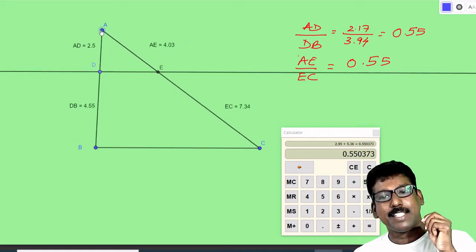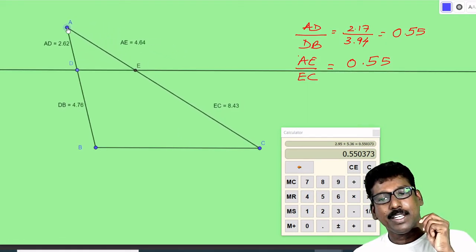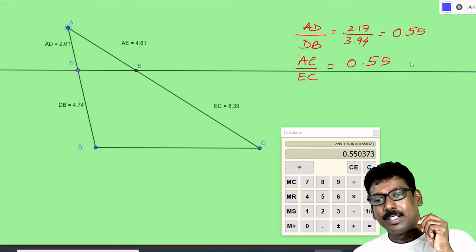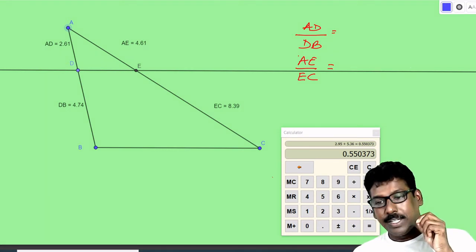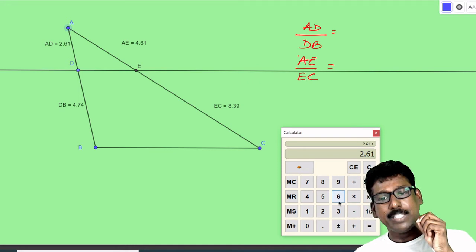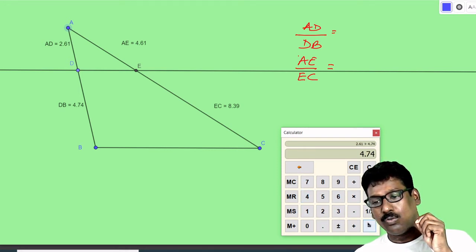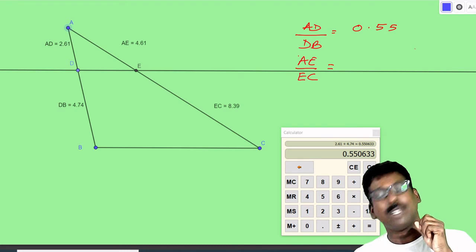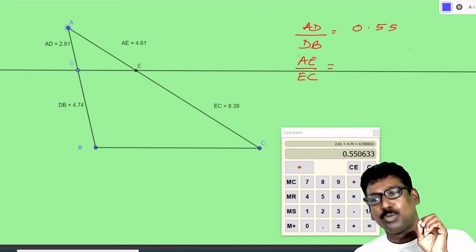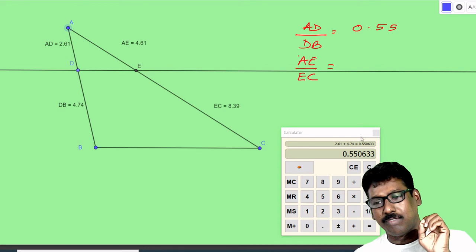Let me change the measurement of the triangles. Here, what is AD by DB and AE by EC? AD is equal to 2.61 divided by DB is equal to 4.74. So, which equals 0.550633, or corrected to two places of decimal, you will get 0.55.